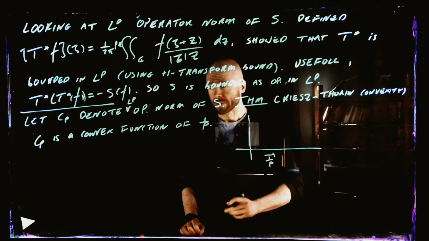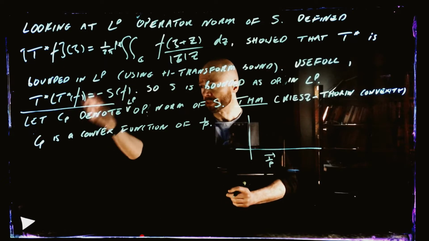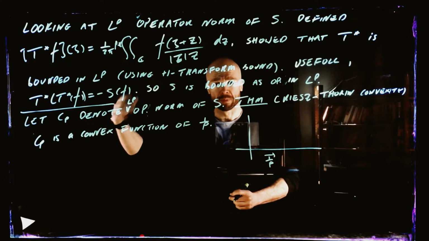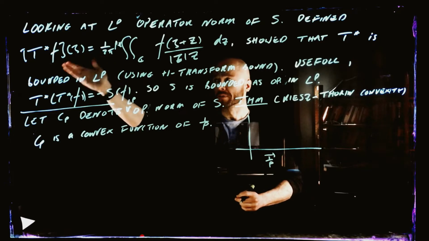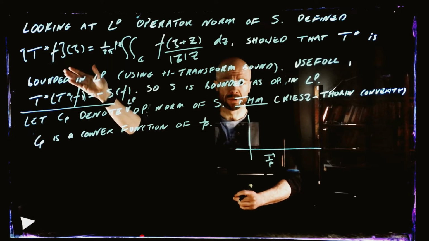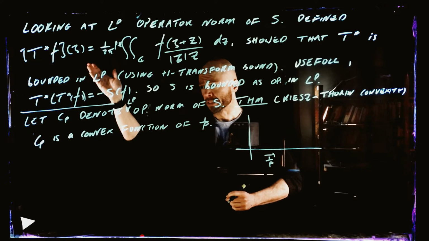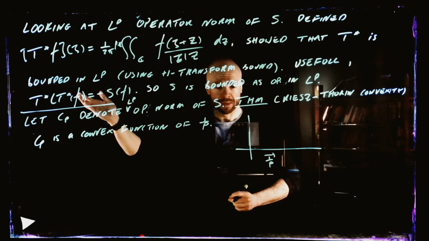And there's one value of CP that we know, which is when P equals 2, because when P equals 2, we saw that this thing is actually an isometry in L2. So when P equals 2, it has a bound of 1.